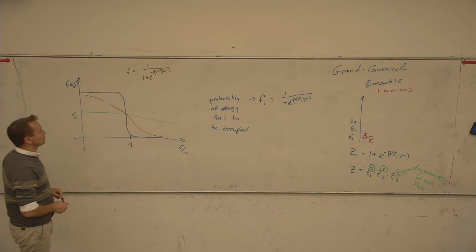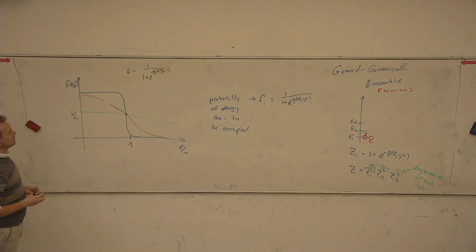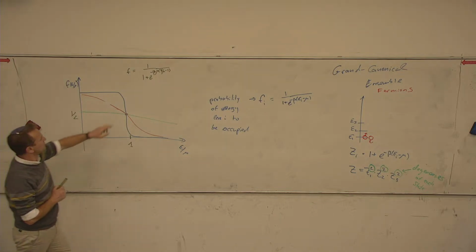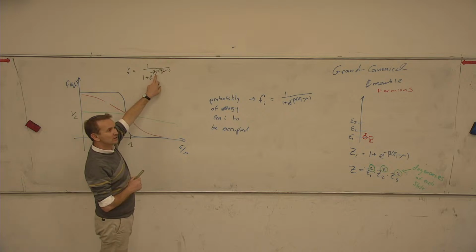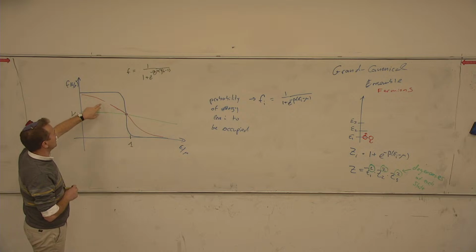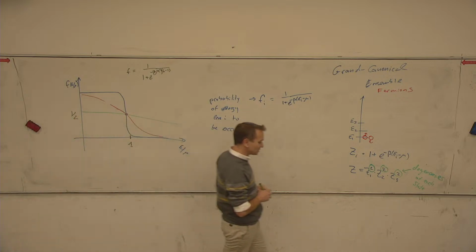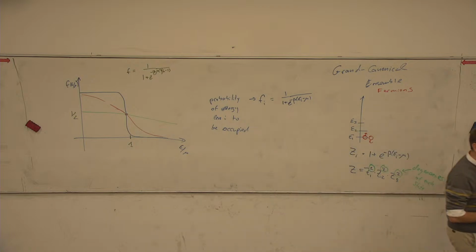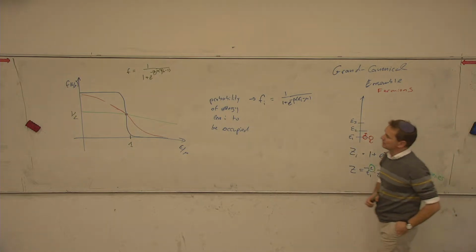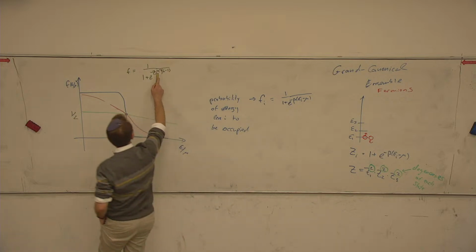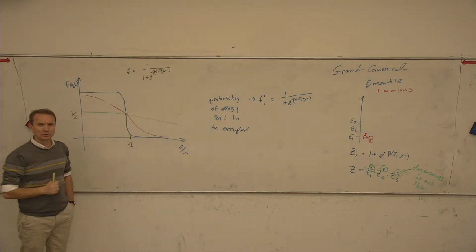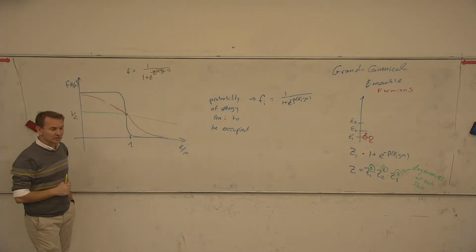Okay. So when beta mu is very, very large, well, it depends on what we keep constant, right? So we can make the temperature constant and modify mu, or we can make mu constant and modify the temperature.